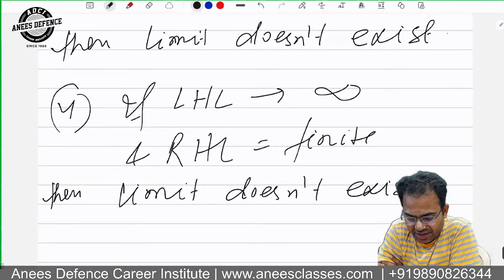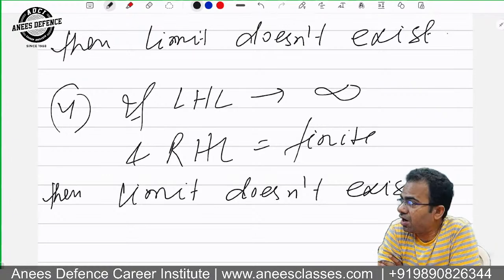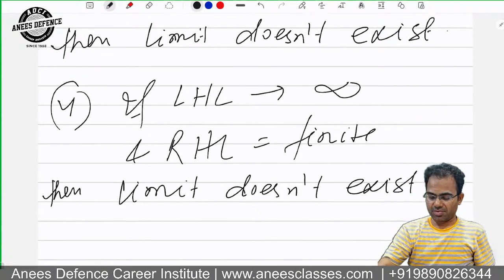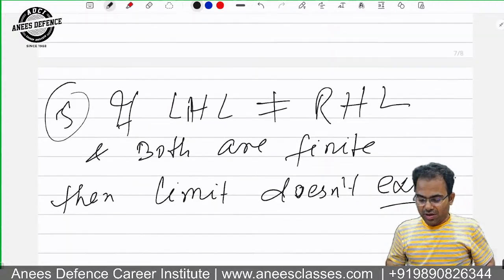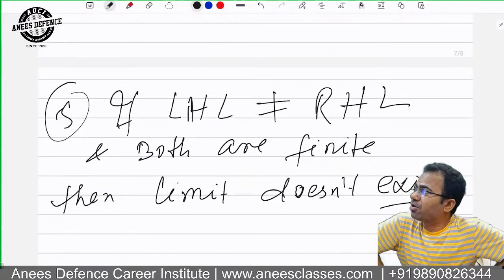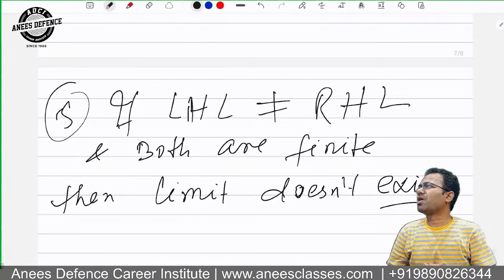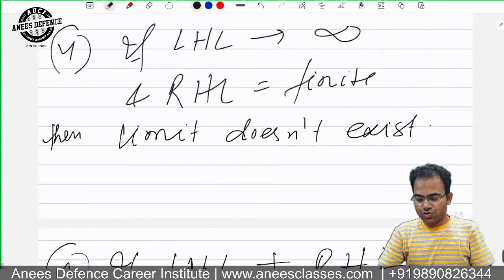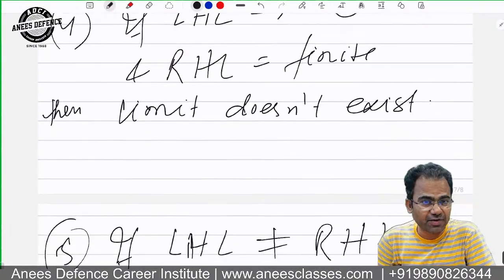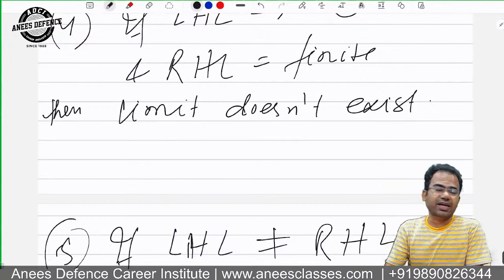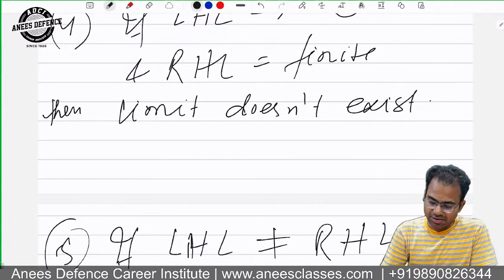If LHL is infinity and RHL finite, the limit does not exist. If both are finite but not equal, then the limit does not exist. So for only one case the limit will exist, and for all other cases the limit will not exist. Okay?